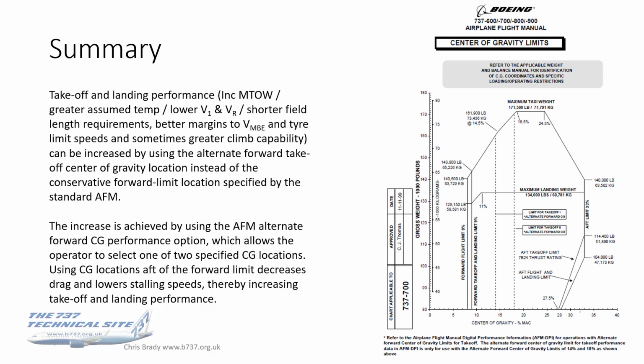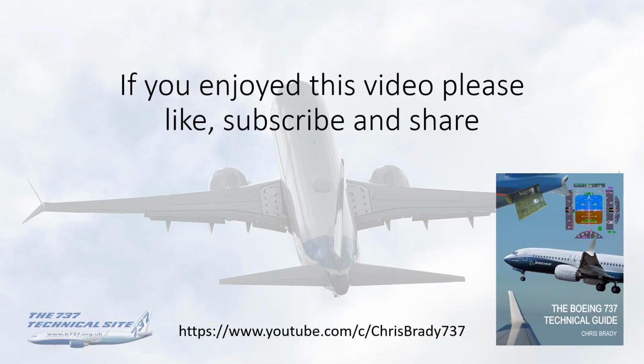The increase is achieved by using the AFM alternate forward CG performance option, which allows the operator to select one of 2 specified CG locations. Using CG locations after the forward limit decreases drag, improves your CL, and lowers your stalling speeds, thereby increasing takeoff and landing performance. That's it in a nutshell. There you go. That's alternate forward CG.